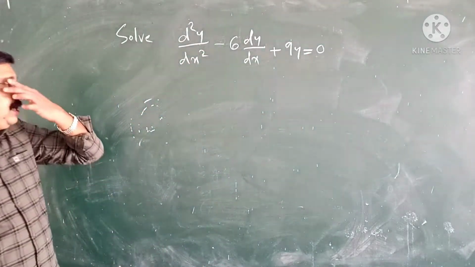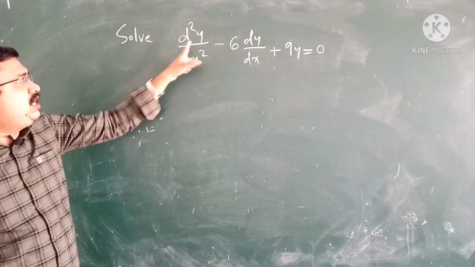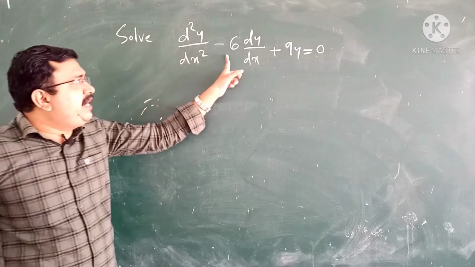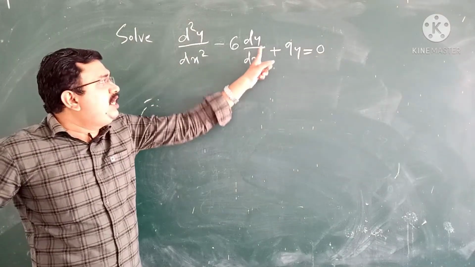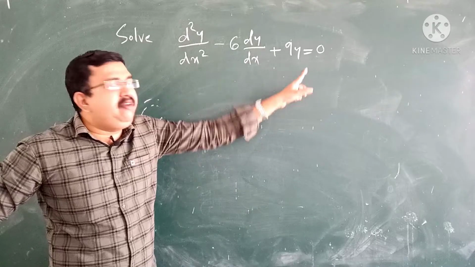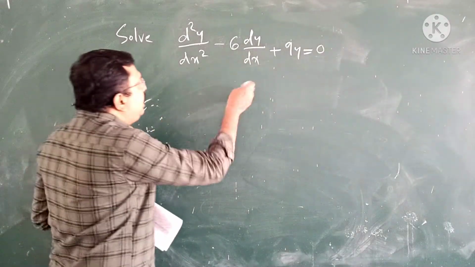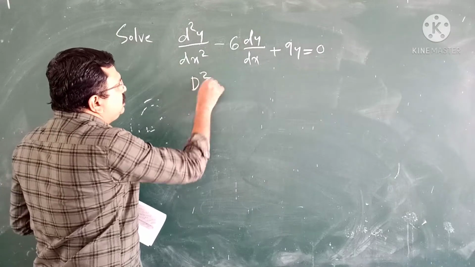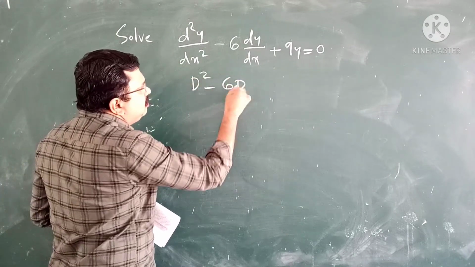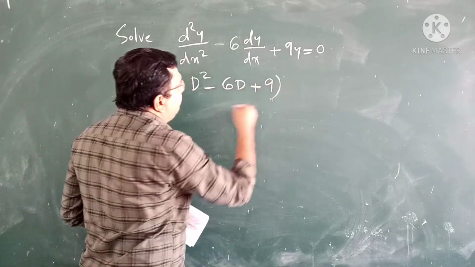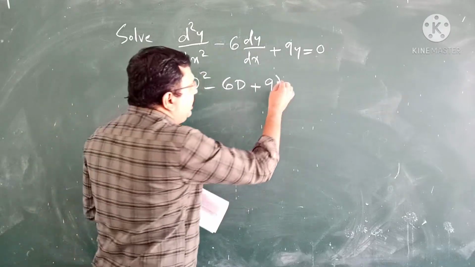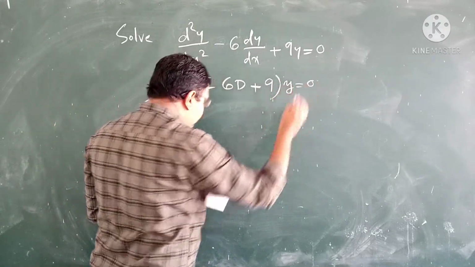Okay, our second question is, solve d square y by dx square minus 6 into dy by dx plus 9y equal to 0. This can be written in the form (D square minus 6D plus 9) into y equal to 0. Okay.